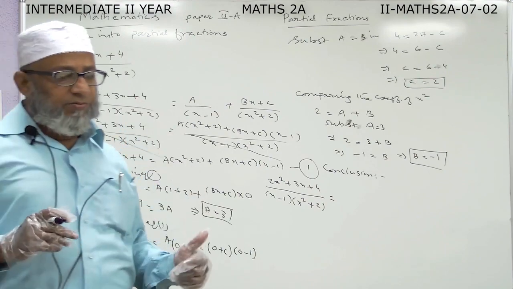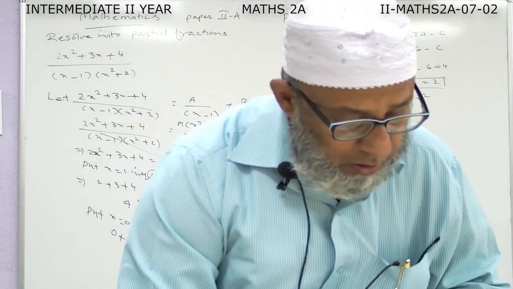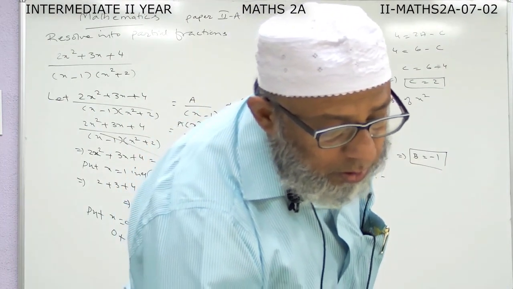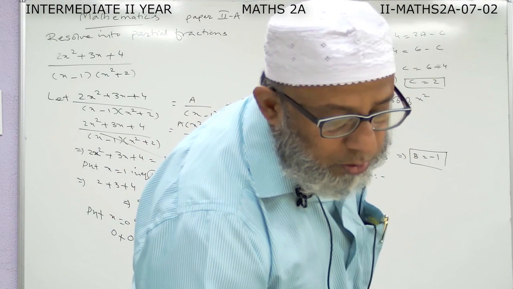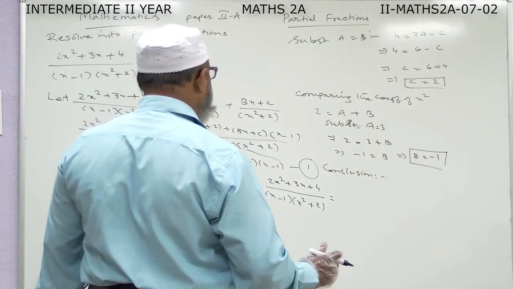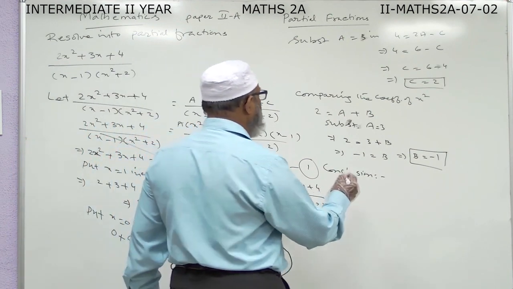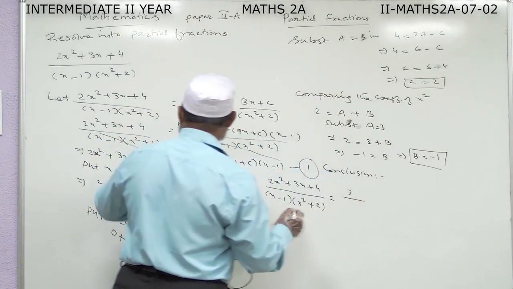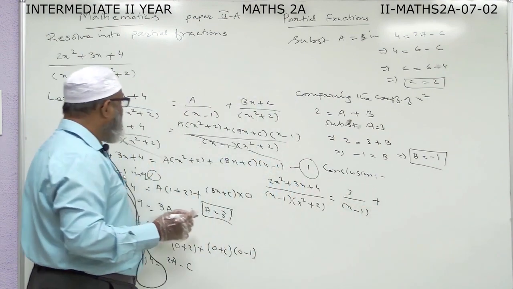Now, what are the values of A, B and C? Substitute the values of A, B and C in this part. What is A? 3. 3 by x minus 1 plus Bx plus C.